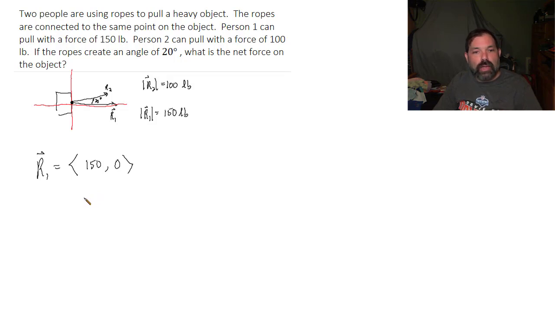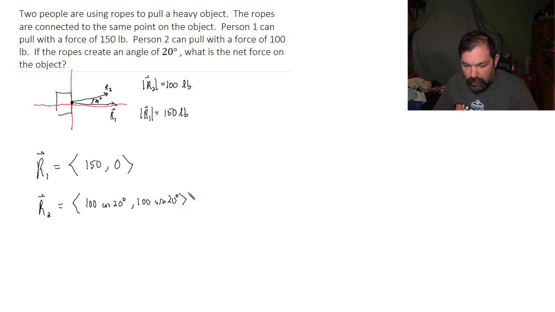Now R2 is a little tougher. The magnitude is 100, but it's at a 20-degree angle. Since I've drawn it in standard position, this becomes 100 cosine 20 degrees, comma 100 sine 20 degrees.